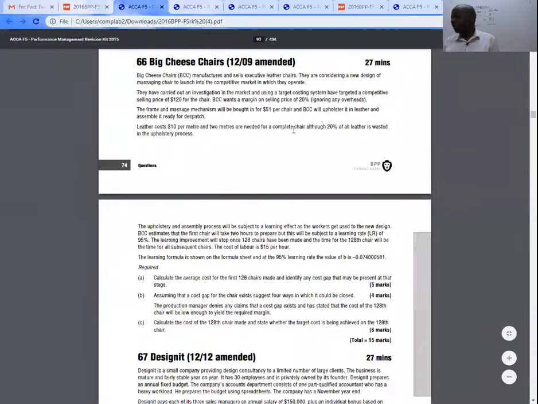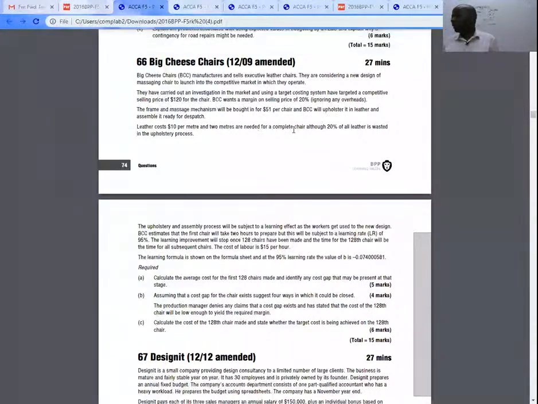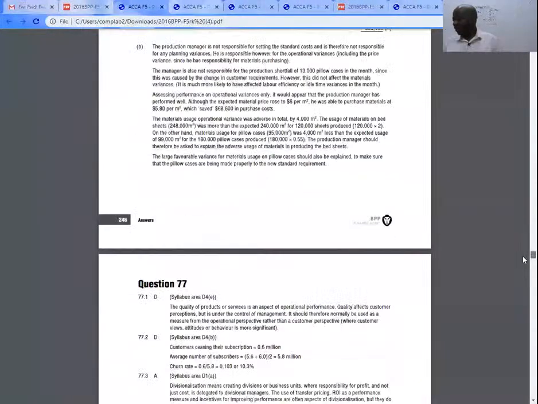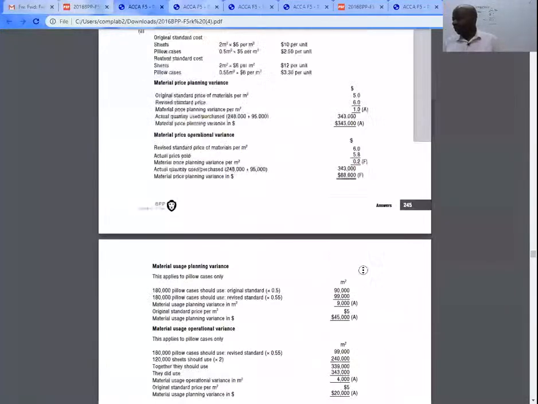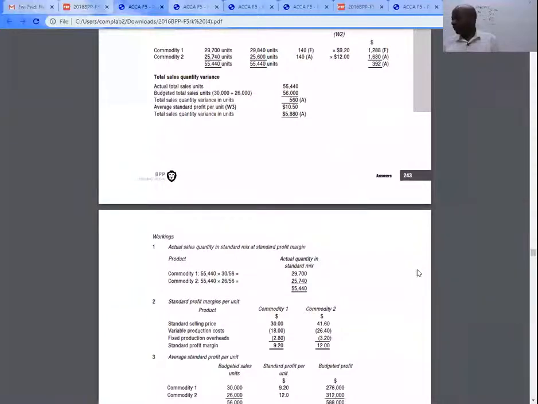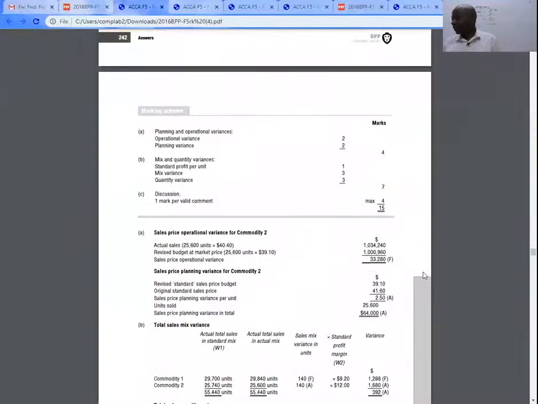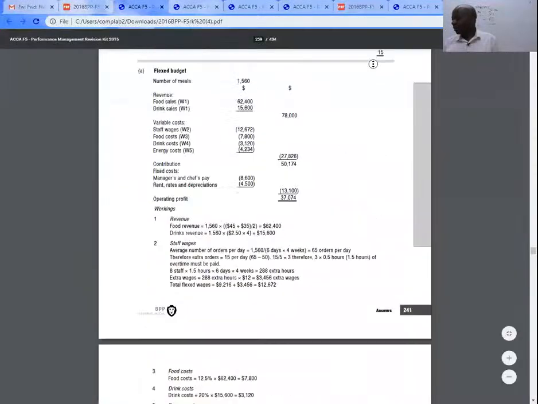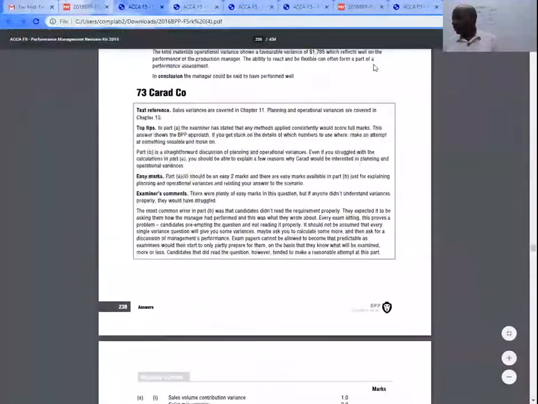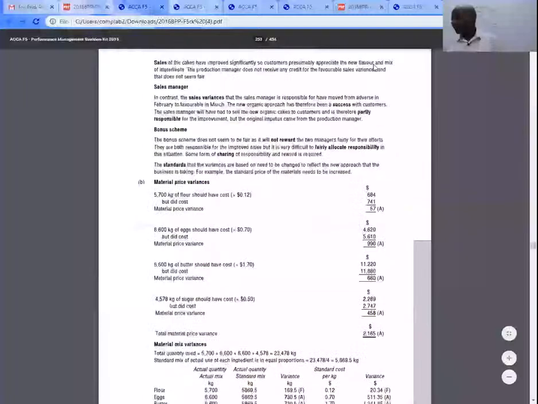And ladies and gentlemen, this book is so great. We have answers being given down here. What you need to do is to scroll in your computer. You go to question number 66.